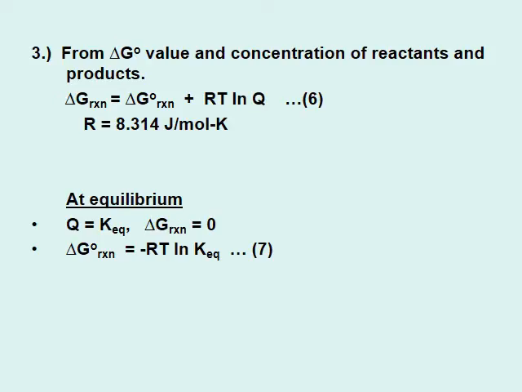The third method is the change in free energy calculation at any pressure value. The first part is the standard state value, which is products minus reactants times the moles of products and reactants that we defined in the last slide.